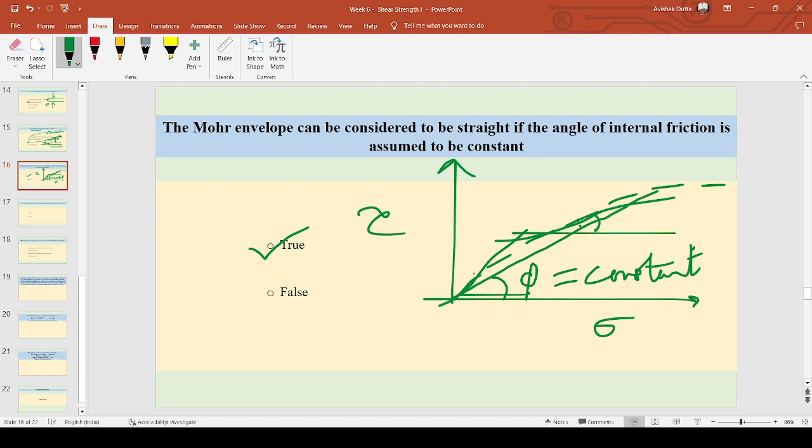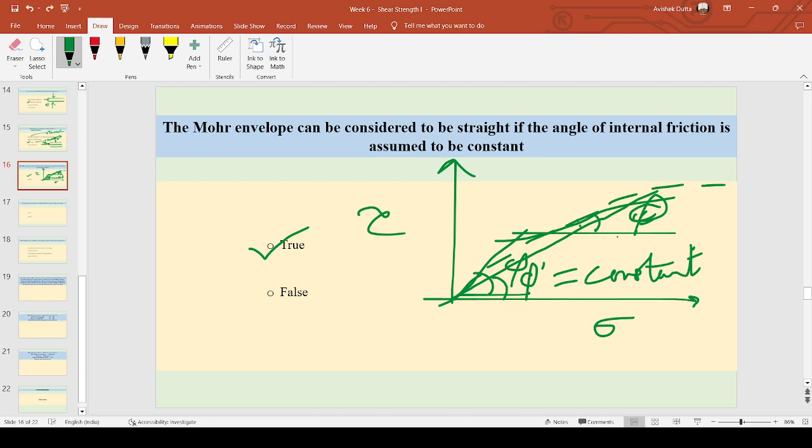This is phi 1, this is phi 2. So phi is different, and the value of phi will be different as per the tangent of the curve.